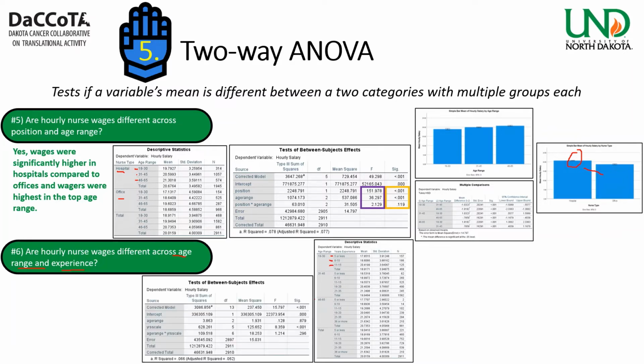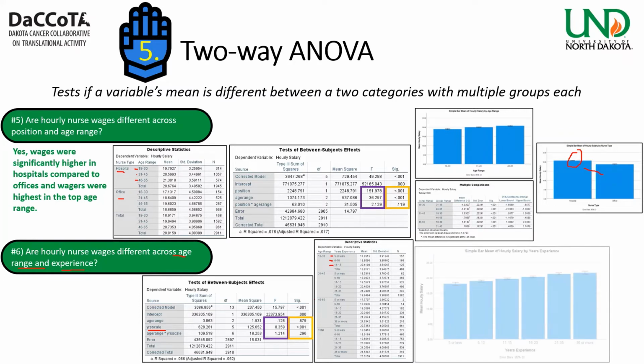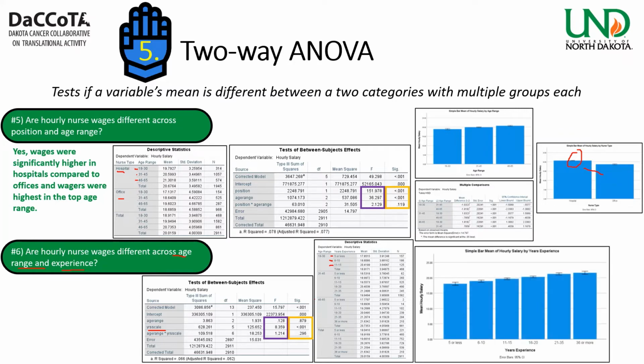And what we find here is that with the years of experience scale in the model, only that is significant. So age range was sort of a proxy for it, which is unsurprising.